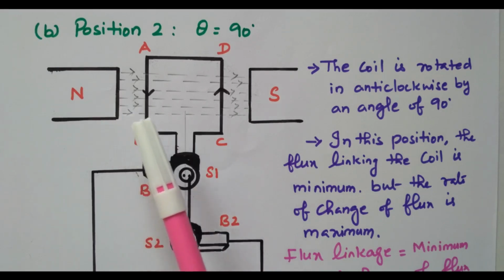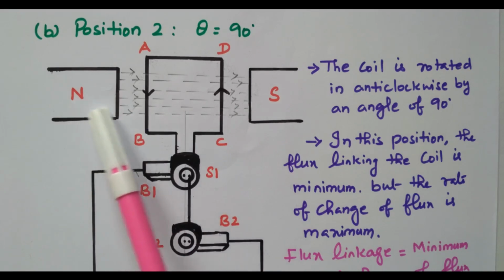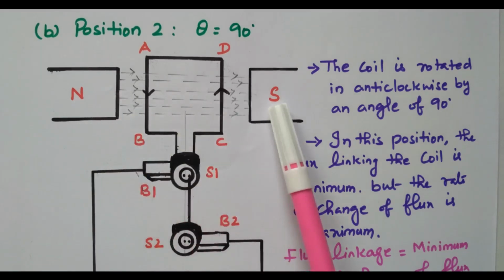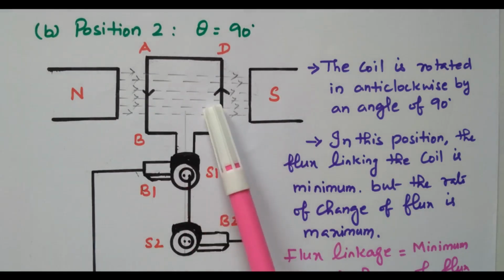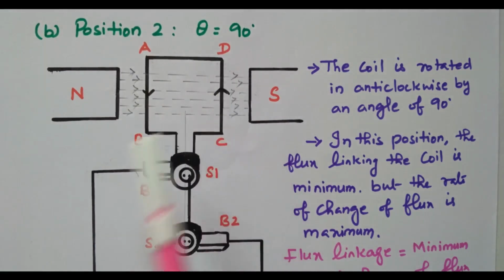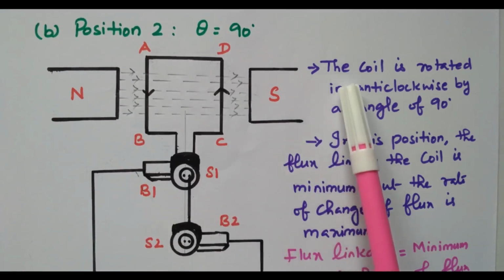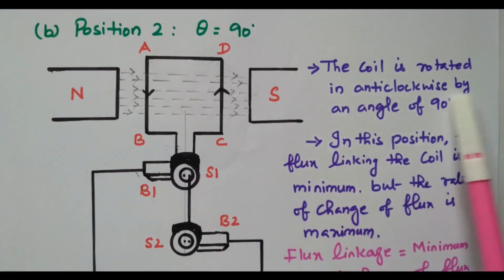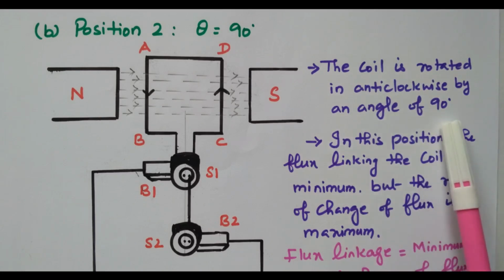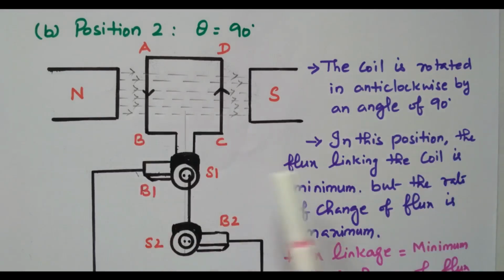Right? Because the EMF induced is purely based on the rate of change of flux. So the flux from the N pole is not easily linked with the S pole. The rate of change of flux is more, because the area is covered by this coil. Right? So that is given. The coil is rotated anti-clockwise by an angle of 90 degree, so that it is placed in a horizontal manner.